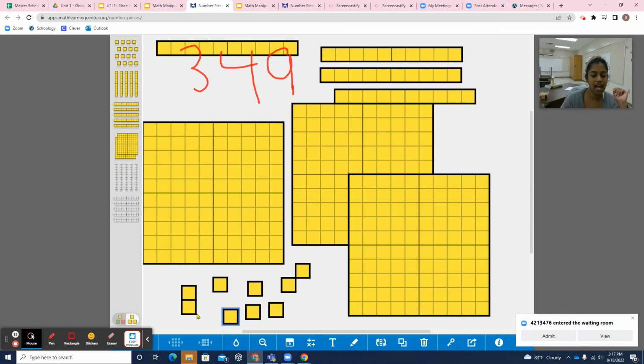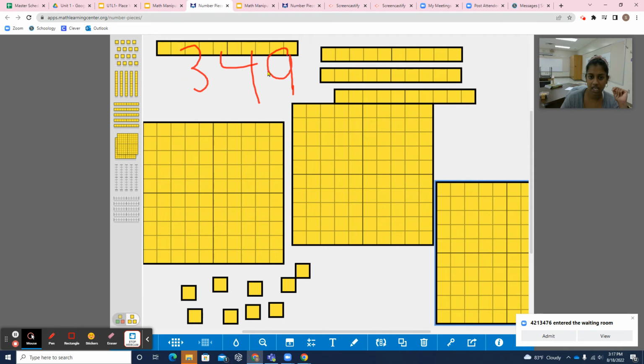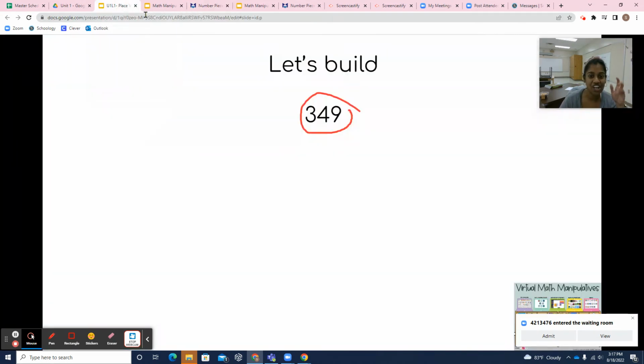Let's count and make sure that we have 349. We have 100, 200, 300, 310, 320, 330, 340, 341, 342, 343, 344, 345, 346, 347, 348, 349. So I have 349 pieces right here. I went ahead and built 349.